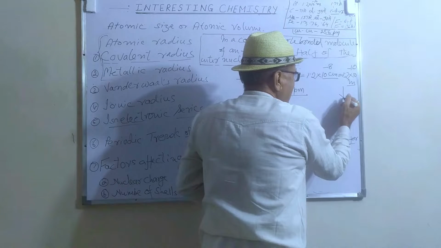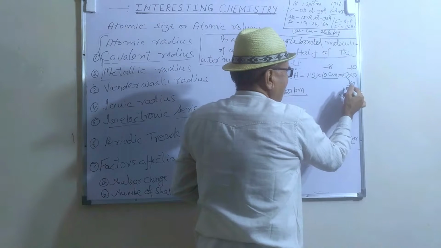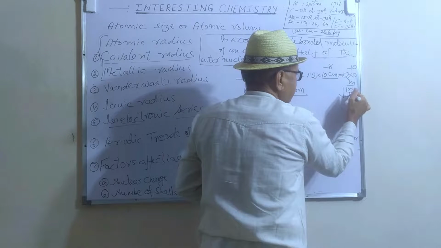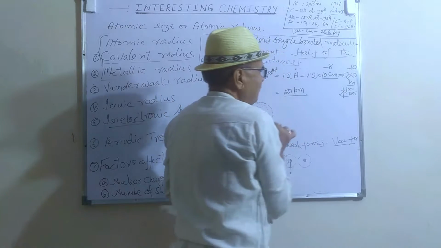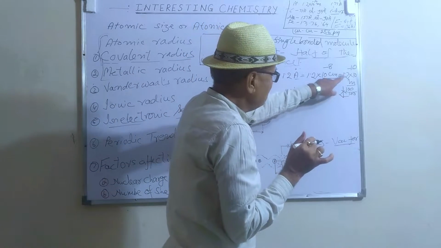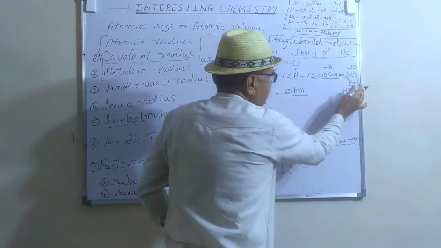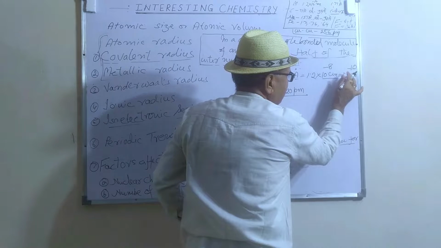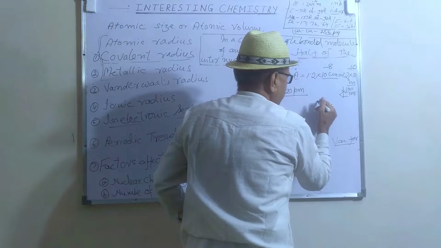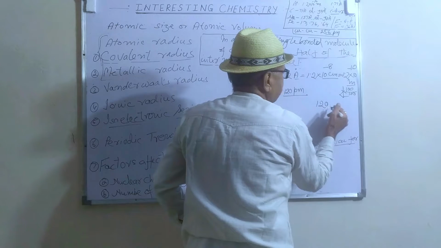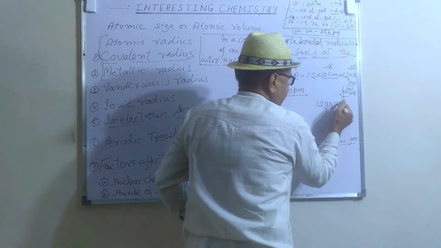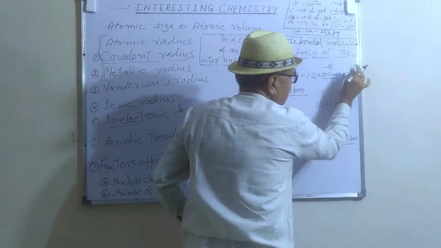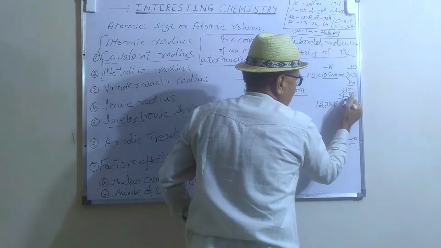Now I am going to multiply this value by 100. When you multiply this 1.2 by 100, it will become 120, and we divide the power by 100, so the power will be minus 12.